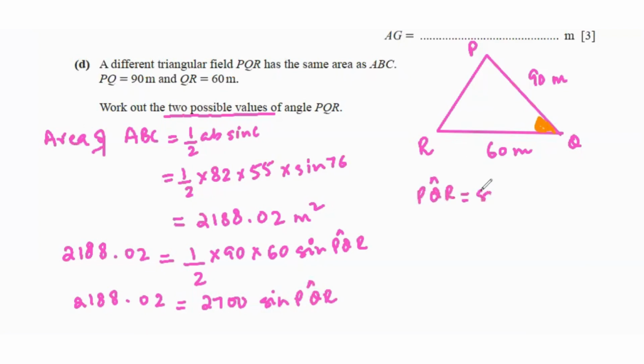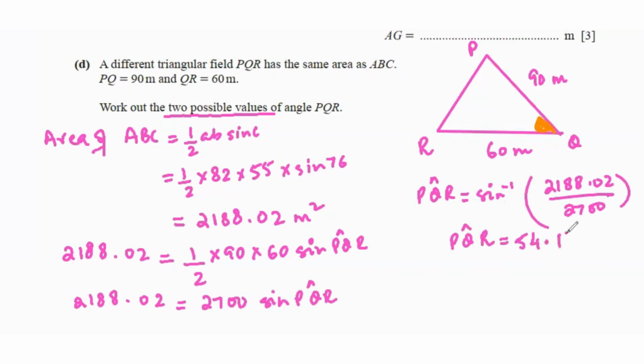PQR is going to be sine inverse of 2188.02 divided by 2700, which is going to give us 54.1. For the other angle, we will do 180 minus 54.1 because you want two possible values. So that will give us 125.9 degrees. These are your answers.